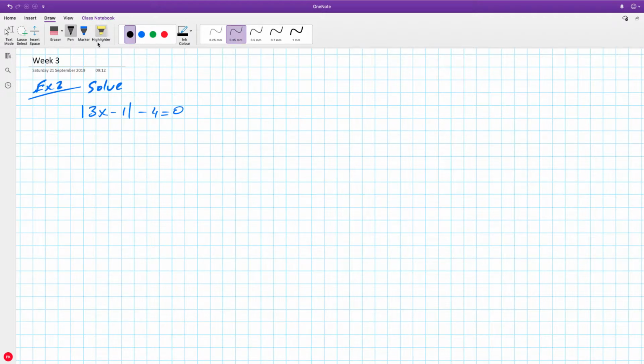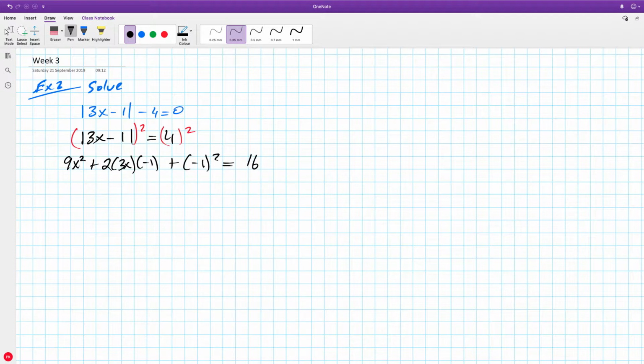Right, let's have a little look at it. So, solve the modulus of 3x minus 1 minus 4, right? First things first, the modulus of 3x minus 1 is equal to 4. Move them either side to make it easy to square it out. Square it, square it. Square out this: square the first, 9x squared, plus twice the first by the second, plus square the last, is equal to 4 squared, which is 16.